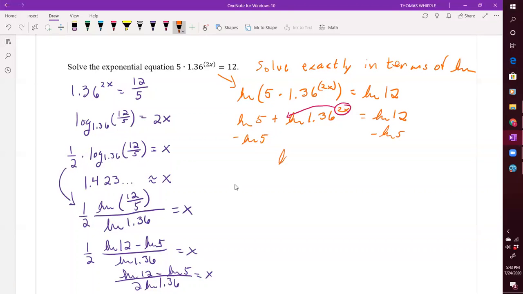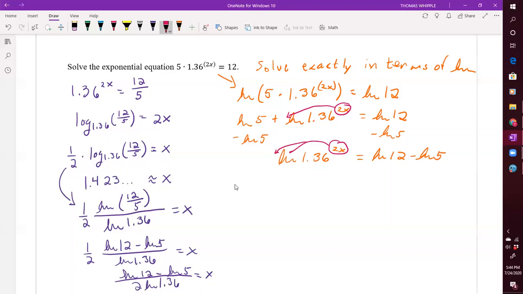So we'll have the natural log of 1.36 to the 2x equals the natural log of 12 minus natural log of 5. All right, and now maybe it's a little easier to focus on the fact that we can take this exponent here and bring it out to the front.